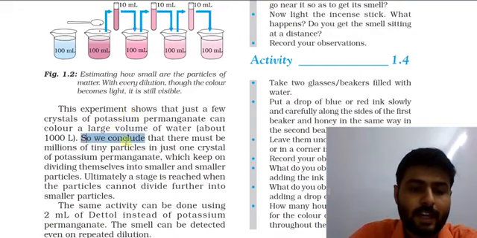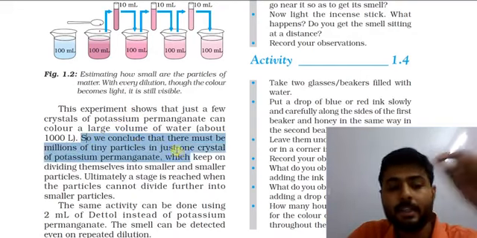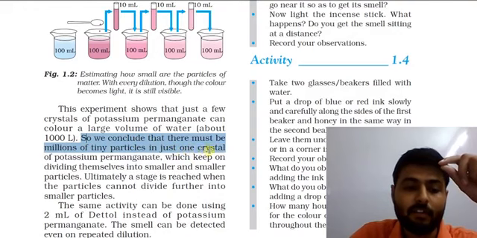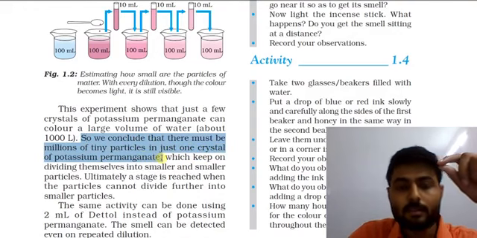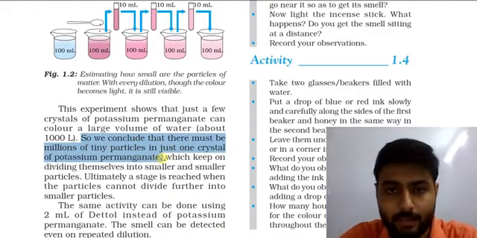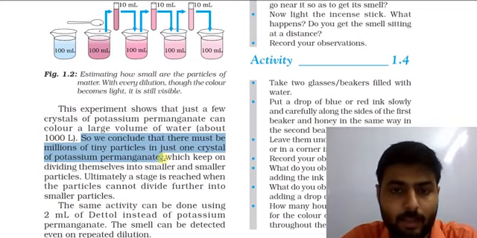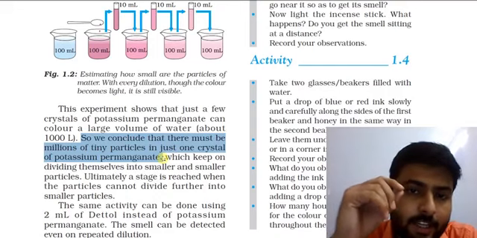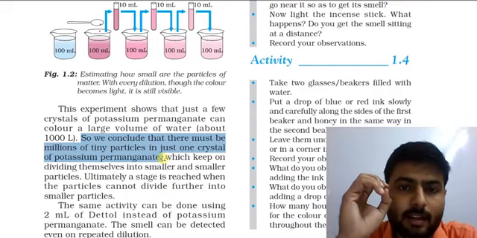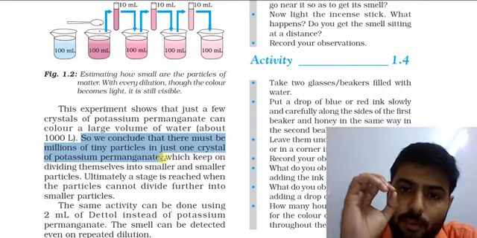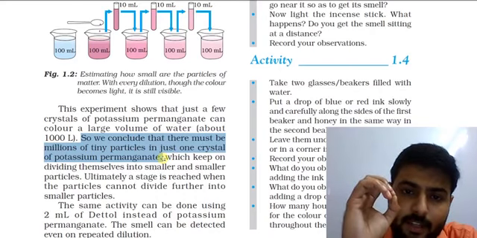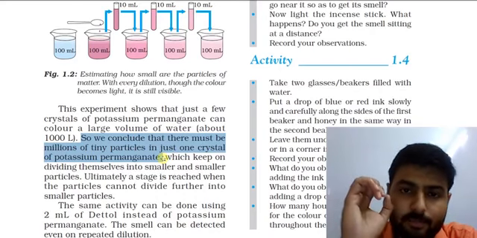So we conclude that there must be millions of tiny particles in one crystal of potassium permanganate. We can derive from this activity that there are millions of particles of potassium permanganate in that crystal.